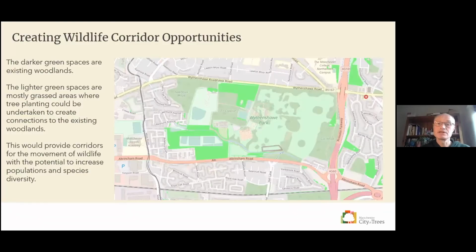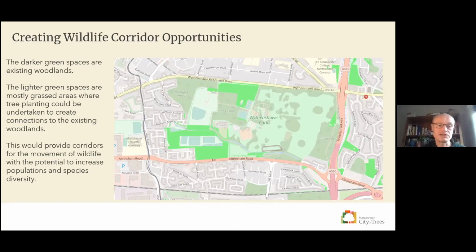In this instance, I'm just showing you a map which is on that website at the very detailed level, showing Wythenshawe Park in Manchester. And you can see the slightly darker green spaces are existing woodlands. And then you can see the lighter green spaces are those open spaces or green spaces that are between woodlands.